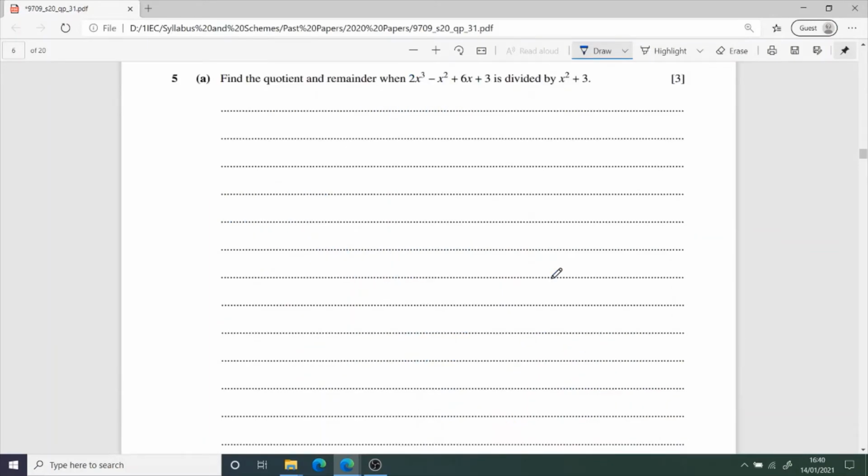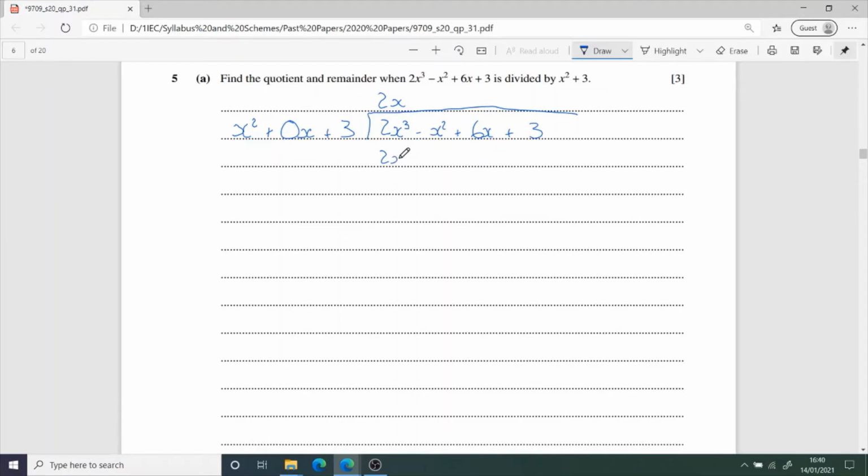Question 5 is a question on algebraic long division. So let's set it up. We're going to write x squared, remember, we need to write 0x here, plus 3, into 2x cubed minus x squared plus 6x plus 3. So x squared into 2x cubed goes 2x times, and then we're going to do 2x times by each of these.